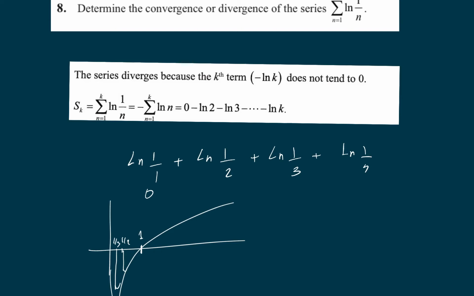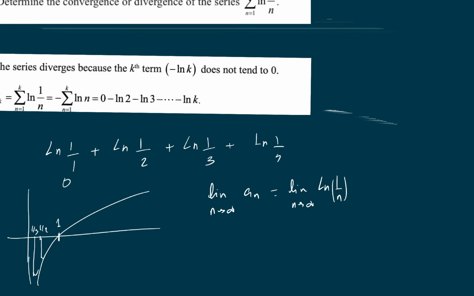So the series diverges because the limit when n goes to infinity of a sub n, the limit of the natural log of 1 divided by n, goes to infinity. And because this limit, a sub n, goes to infinity, the series diverges.